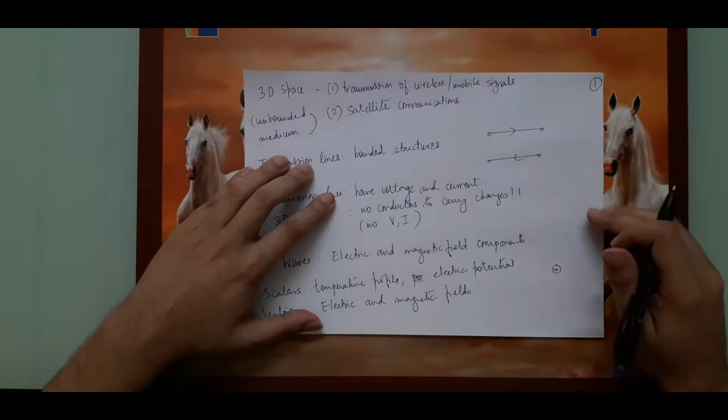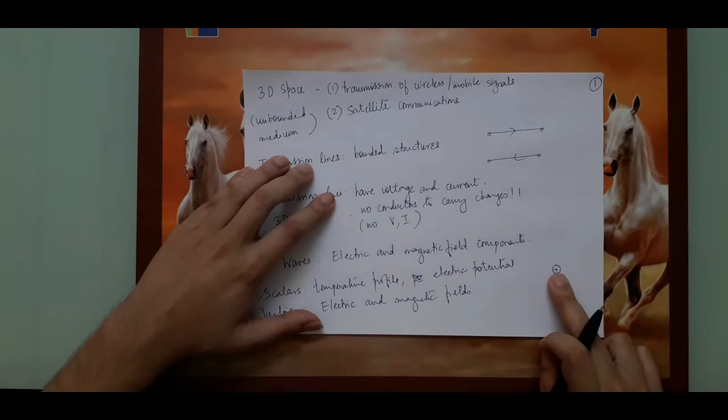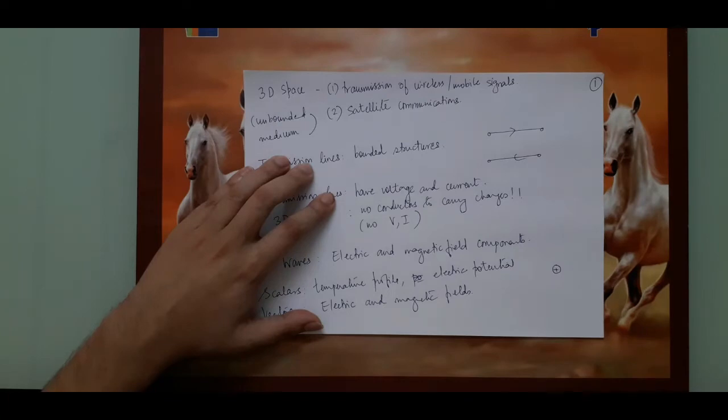So, what is electric field? Electric field around the charge or because of the charge is an indication of the force that this charge will exhibit on any other charge that is in the vicinity.